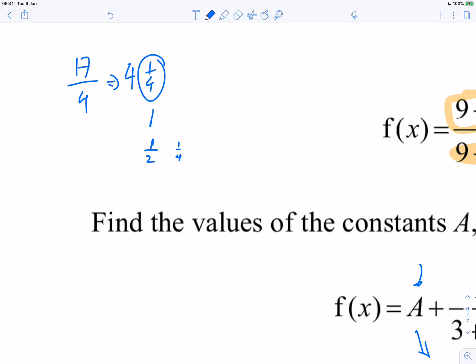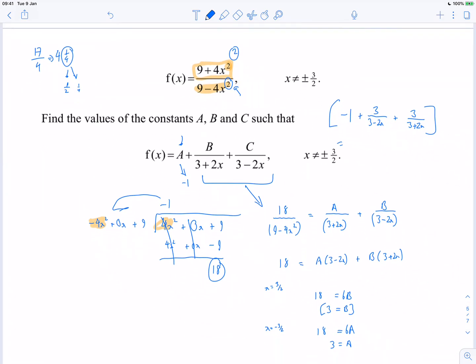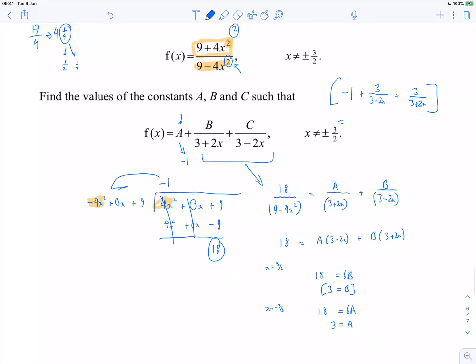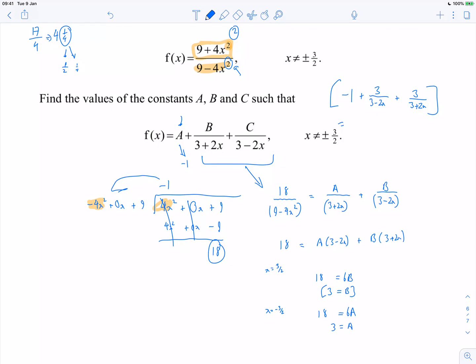In this case, it would be 0 halves plus 1/4. Is it obvious? Probably not. But you don't want improper fractions, i.e. you don't want the order of the numerator to be higher than the denominator. So the order on the bottom has to be higher.